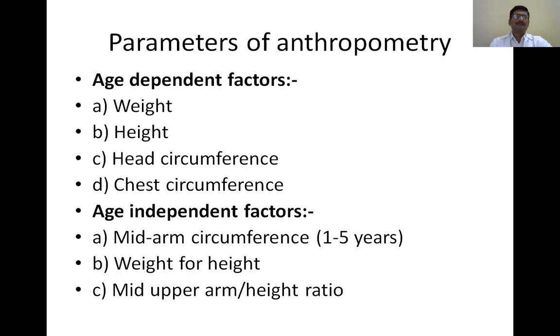These are the 4 variables which are age dependent. There are many age independent factors, which include mid-arm circumference, especially if done between the age of 1 and 5, weight per height, and mid upper arm to height ratio.